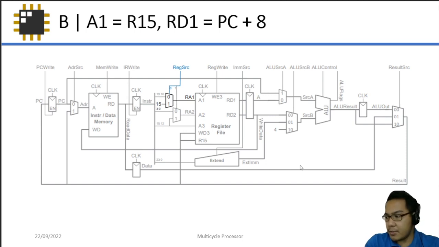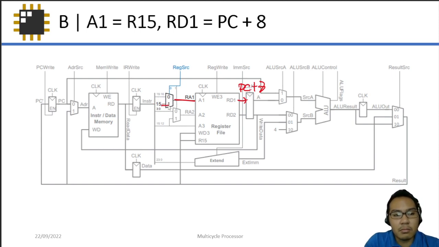Now we have branch instructions. Branch instructions, on the other hand, need to access 15, which gives us PC plus 8 on this side. So we want to get PC plus 8 over on this side by feeding in 15 to RA1 for branch instructions.